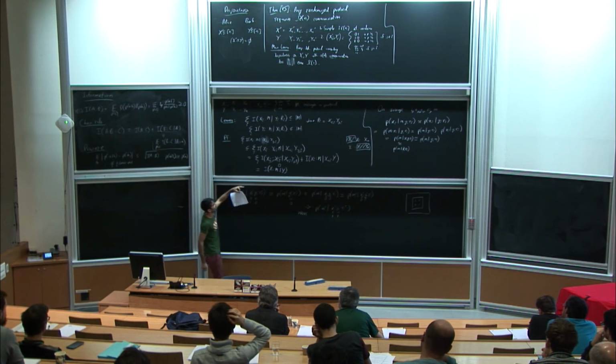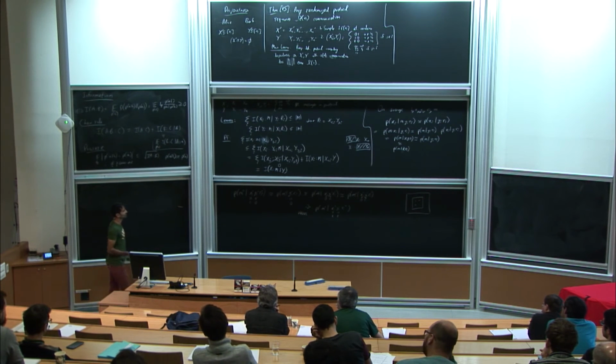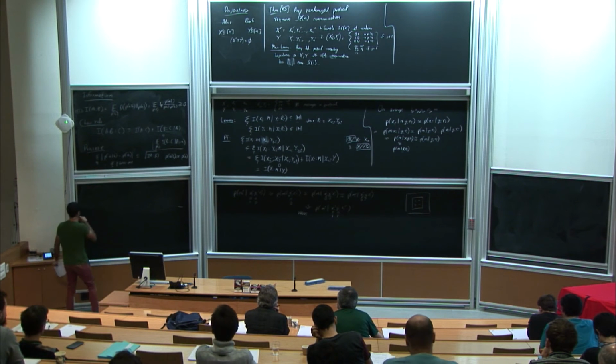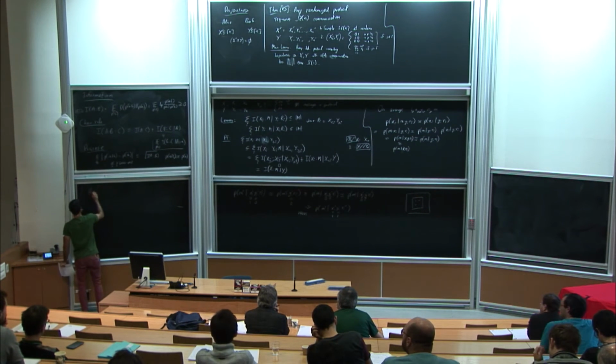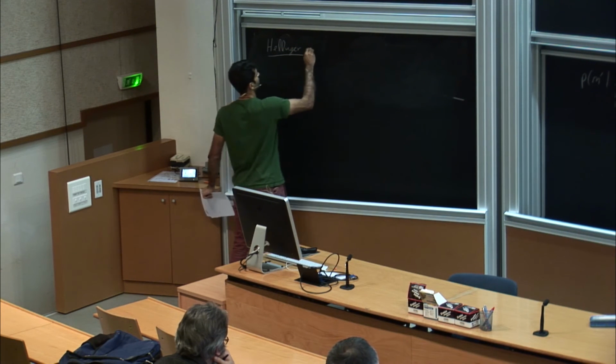Formally, after you bound this information, there are multiple ways to complete the proof. I'm showing you one that I like, but there are many other ways to get a contradiction from this point. The way I want to show you is to use the Hellinger distance. So I'll tell you what that is.